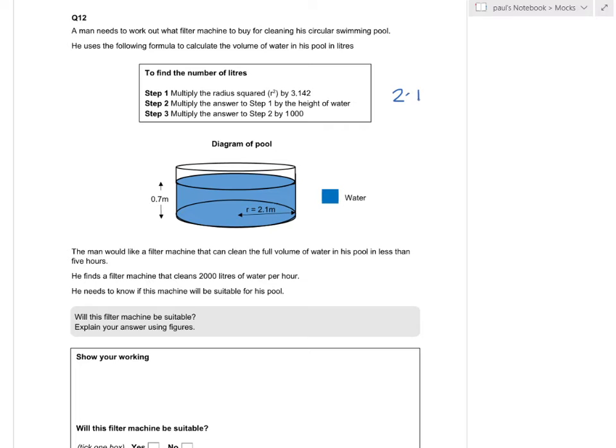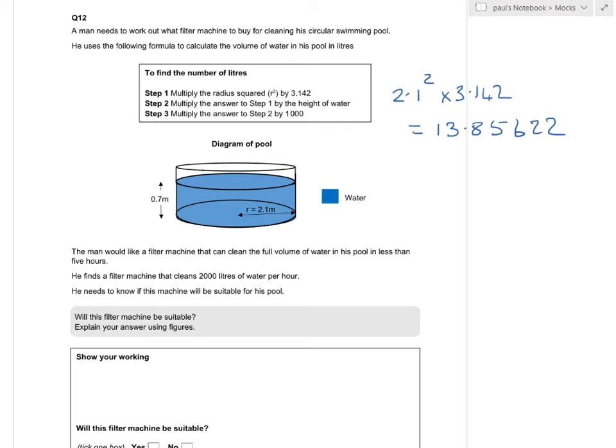So 2.1 squared times 3.142 equals 13.85622. Leave it in your calculator.